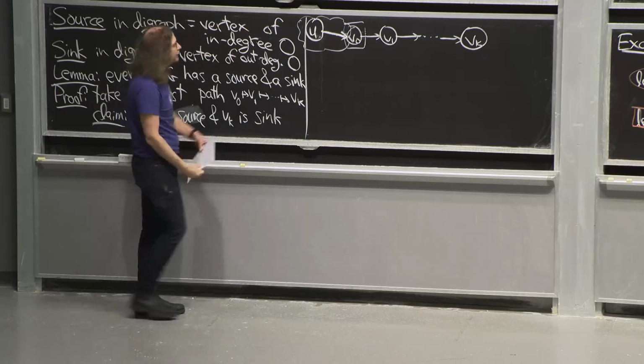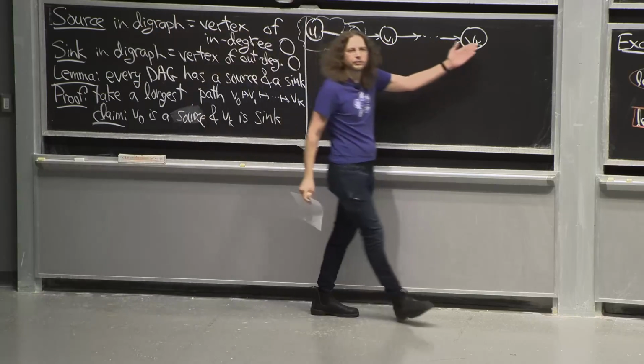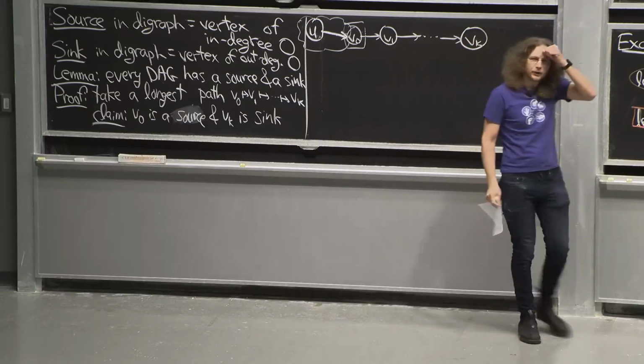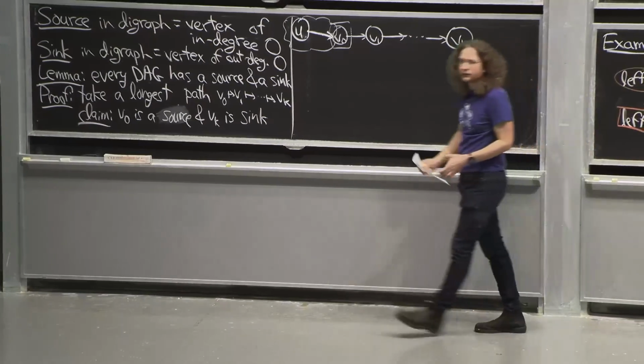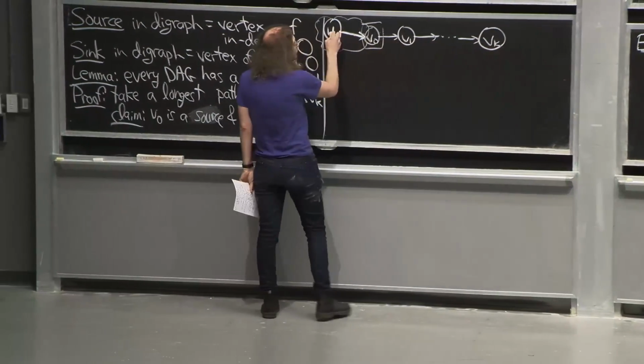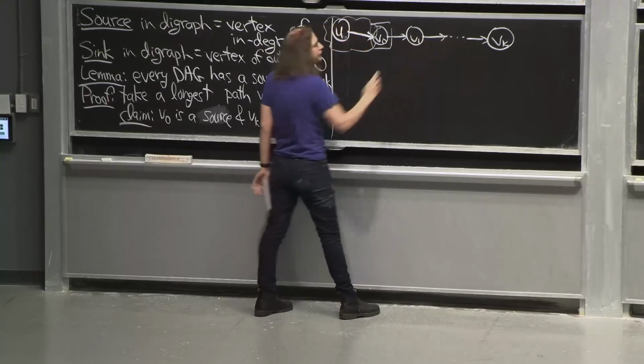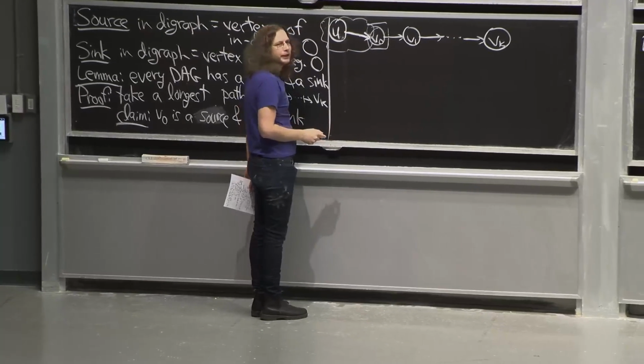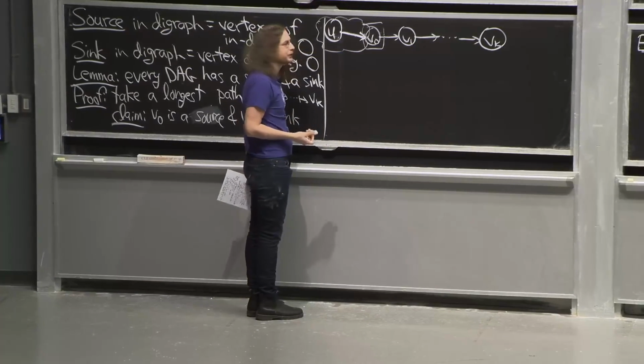Well, then that looks like a longer path in the graph. How could it not be a longer path? Well, maybe it cycles. Maybe this vertex u was actually one of these other vi's. But it can't be because our graph is acyclic.